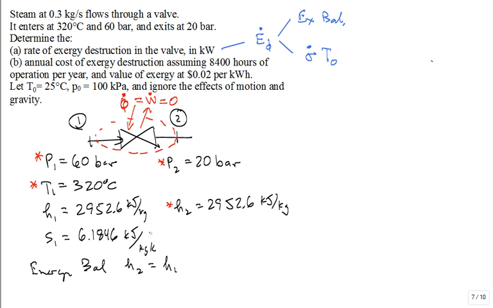Hence I can now look up, though it'll take interpolation, the property S2. I'll have to interpolate in the superheated steam tables. It's not a hard interpolation, but I get 6.6381 kilojoules per kilogram. Now, if I compare these two values, which one's greater, S2 or S1? S2 is greater. Does that make sense?